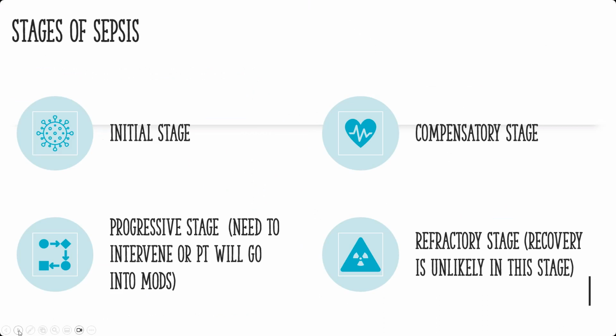All right, last is the refractory stage. So recovery is pretty unlikely in the refractory stage. There's going to be decreased perfusion from massive vasoconstriction and decreased cardiac output. Cardiac output is going to worsen, anaerobic metabolism is going to worsen, so you're going to have increased lactic acid buildup. You're going to have increased capillary permeability and dilation.